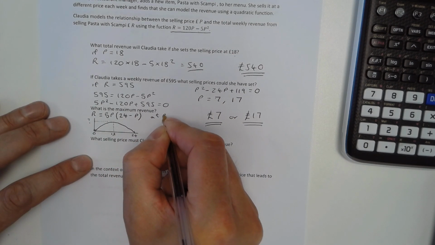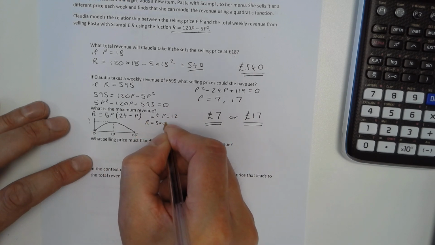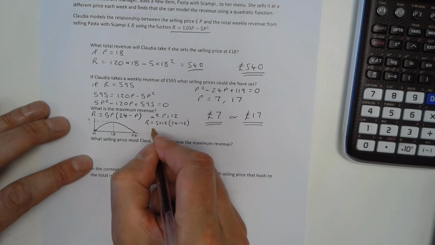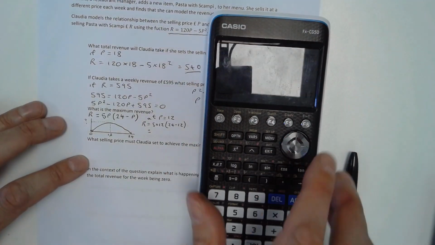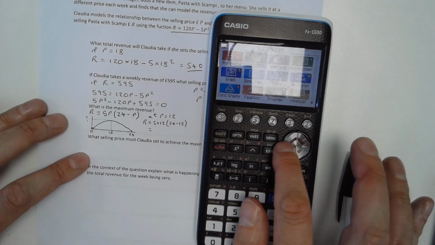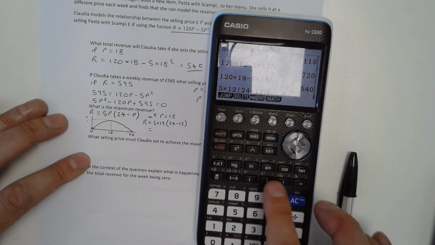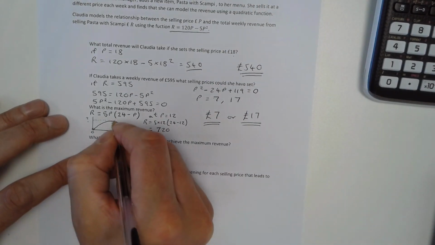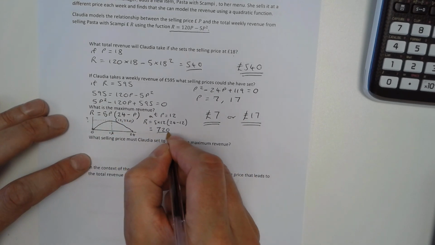So at P equals 12, R equals 5 times 12 times 24 minus 12, which equals, I think, 720. So I've got 5 times 12 times (24 minus 12) in brackets, and I get 720. So my maximum point is actually at 12, 720.